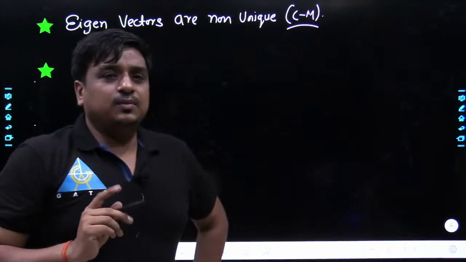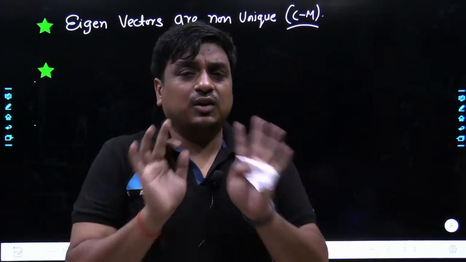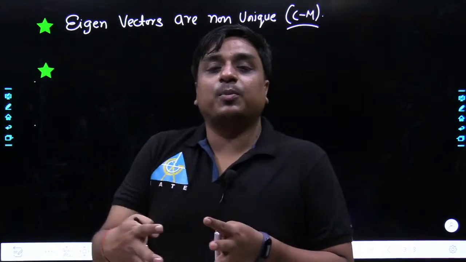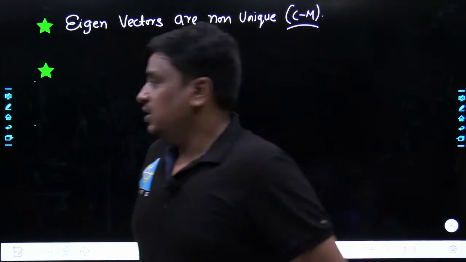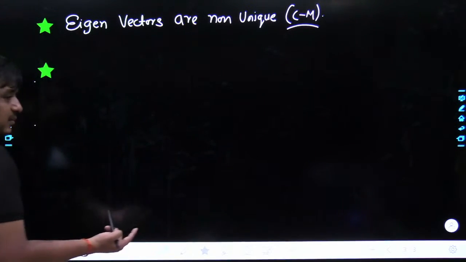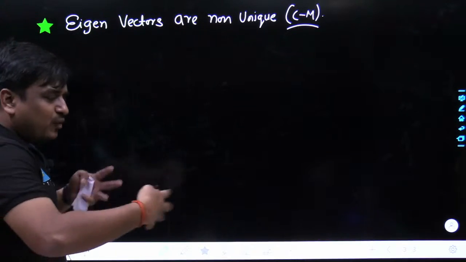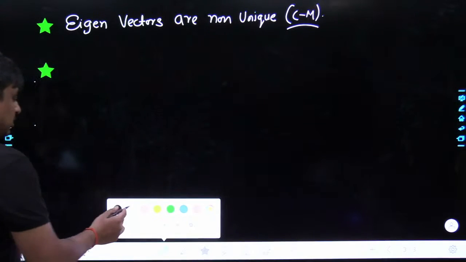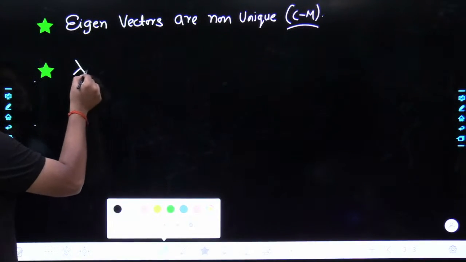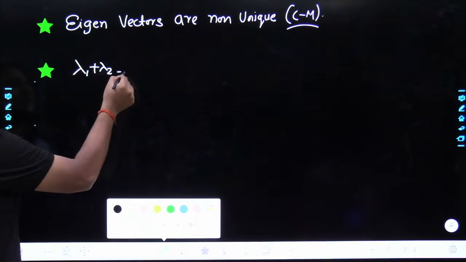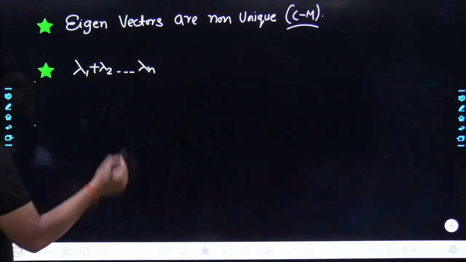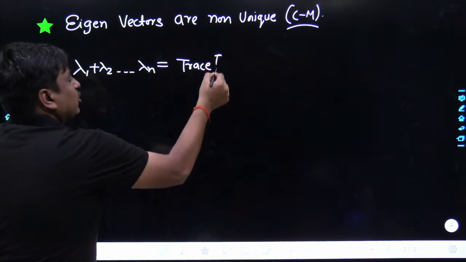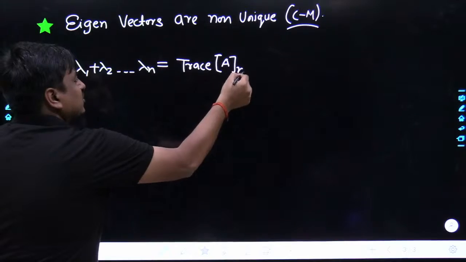Now let me go ahead with the next. One of the important features, and this feature is very important once we deal with numerical problems based on eigenvalues especially. Like you have got a matrix A which is of order n cross n. The eigenvalues are lambda 1, lambda 2, till lambda n. The addition of all the eigenvalues, from lambda 1 till lambda n, would be equal to the trace of the matrix A. May I know what is the trace of the matrix A?